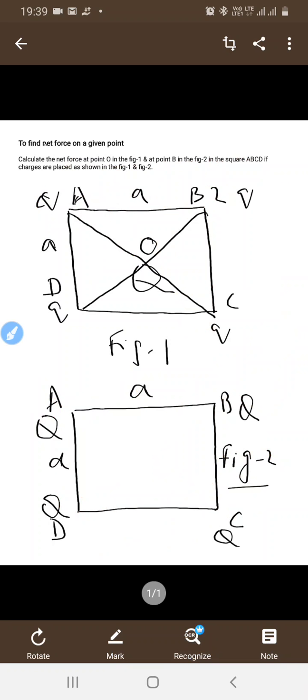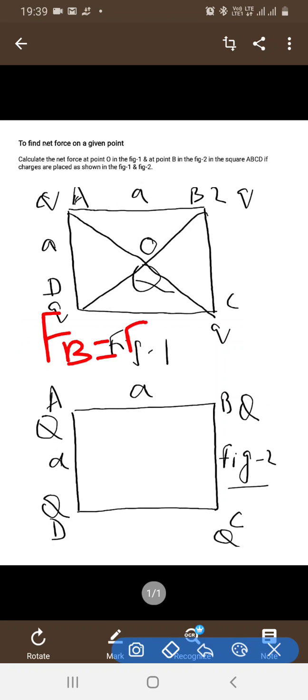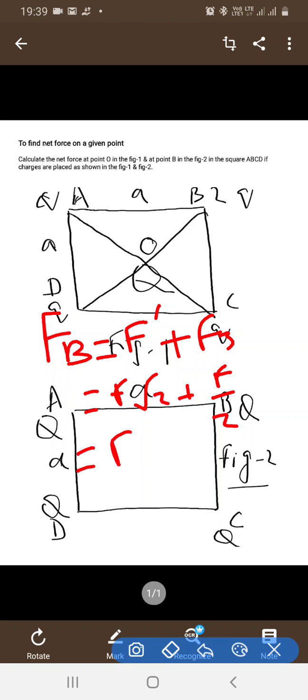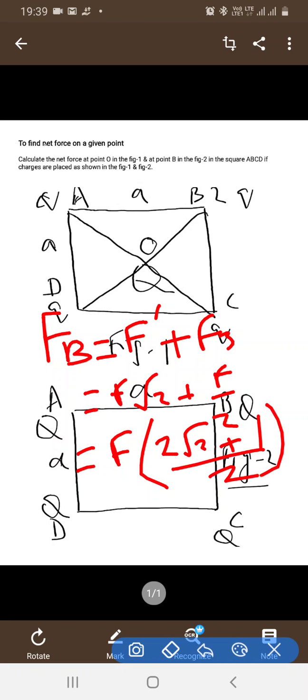So net force acting at B, we can write FB is equal to F dash plus F3, and we have obtained F dash is equal to F root 2 plus F3 is equal to F upon 2, and this will be equal to, taking F common, 2 root 2 plus 1 upon 2, and putting the value of F, K times capital Q square upon A square, in bracket 2 root 2 plus 1 upon 2.